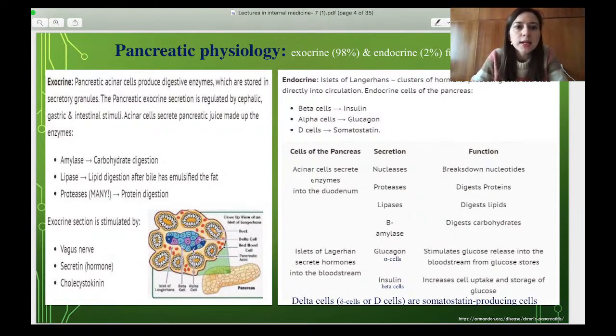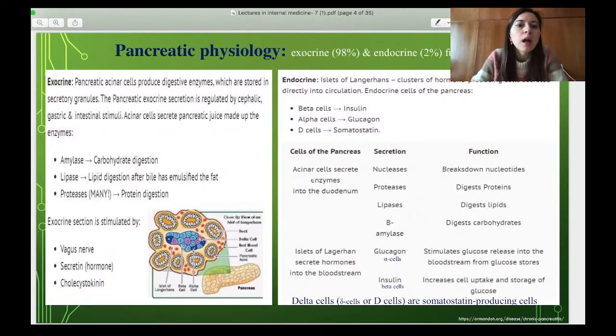Exocrine pancreatic acinar cells produce digestive enzymes which are stored in secretory granules. The pancreatic exocrine secretion is regulated by cephalic, gastric, and intestinal stimuli.